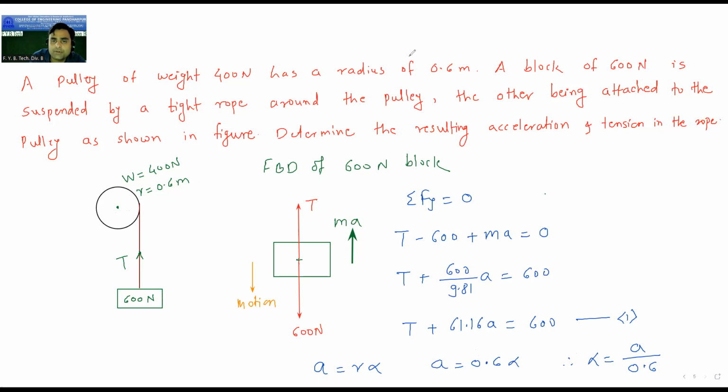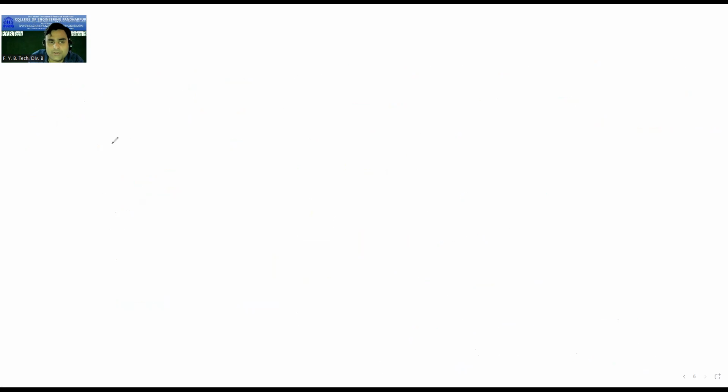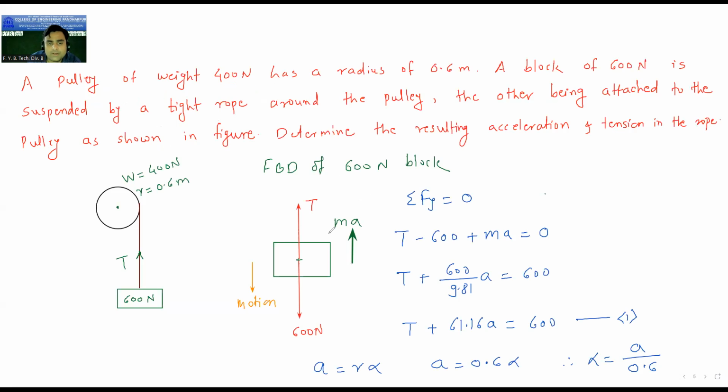Now what is torque? Torque, tau is the notation, is equal to I into alpha. फॉर्म्युला सांगितला होता तुम्हाला. See here how that torque is calculated. ही पुली रोटेट होणार आहे.